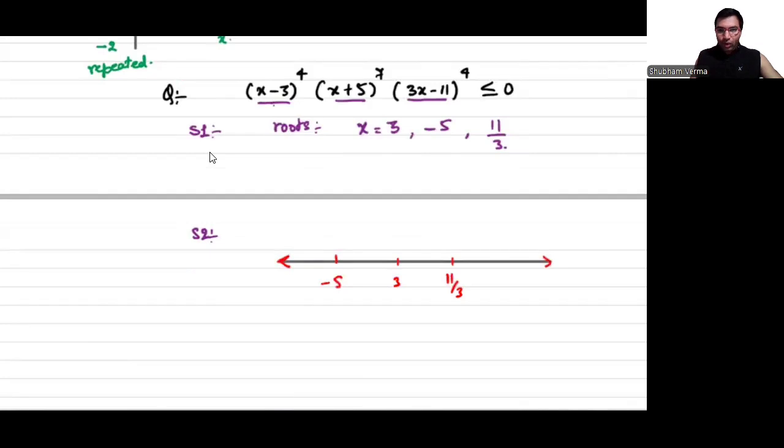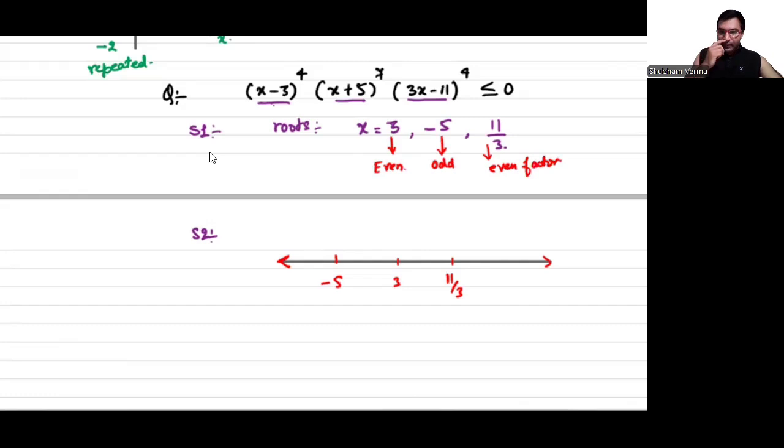All you have to do is below these roots, you just write which factor they belong to, odd factor or even factor. 3 is a root from which factor? Even, (x - 3) to the power 4. So this belongs to even factor. -5 belongs to odd factor because 7 is an odd number. 11/3 also belongs to even factor.